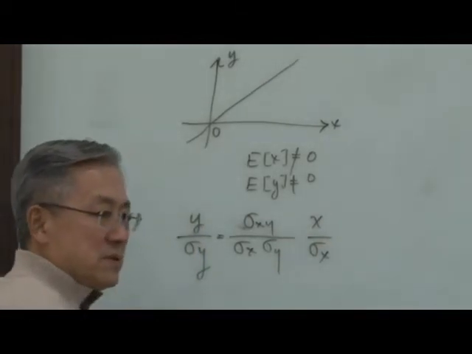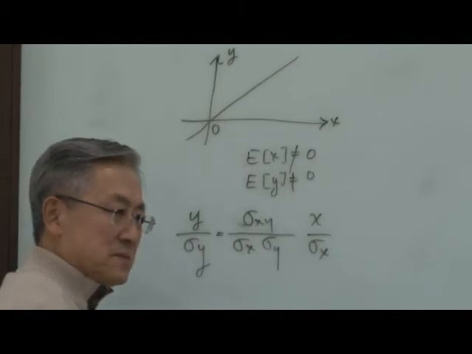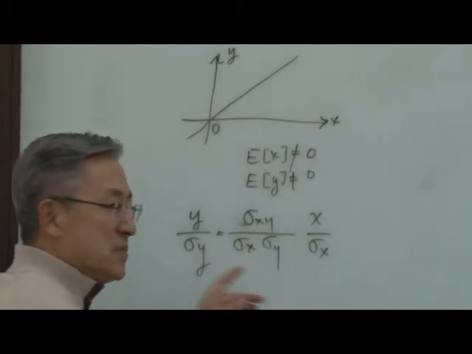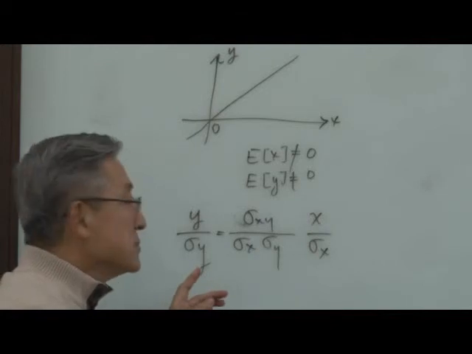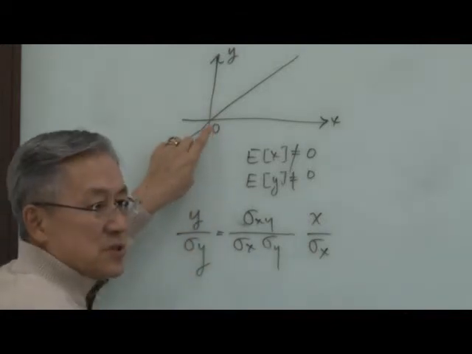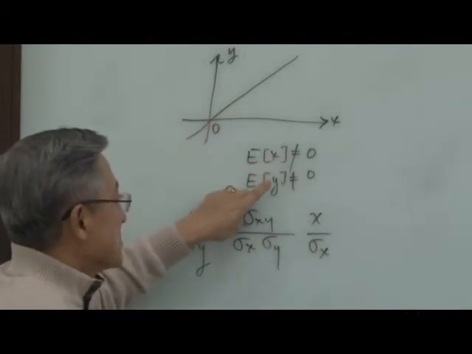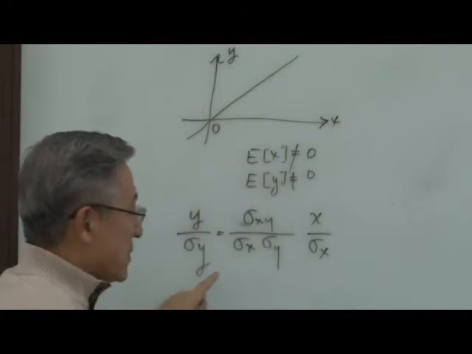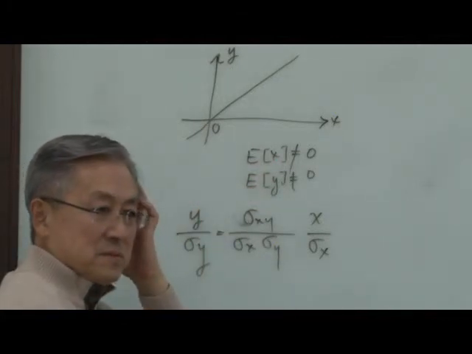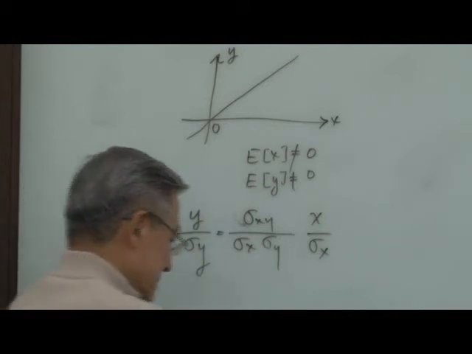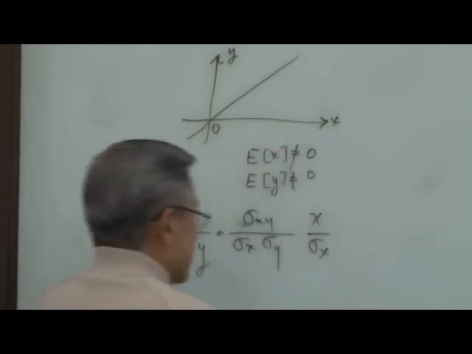What's wrong in this equation? Anything wrong? This is not the CG. Mean value is still there. What's wrong in this expression?